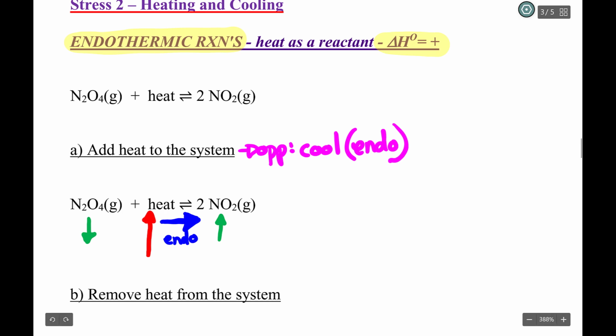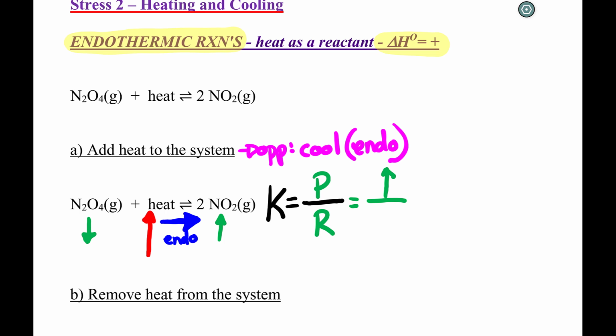Now let's talk about how K would change. And this is a really easy thing to do in order to figure out whether it's going to increase or decrease. All you do is you write K is equal to, and I grab my green arrow pen because we're going to be using those arrows to figure this out, products over reactants. Now, if I shift to the product side, the amount of products increase and the amount of reactants decrease.